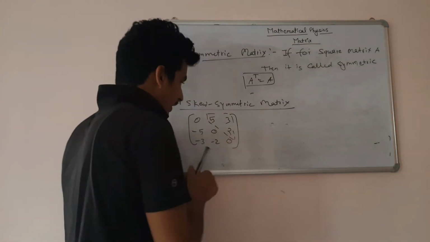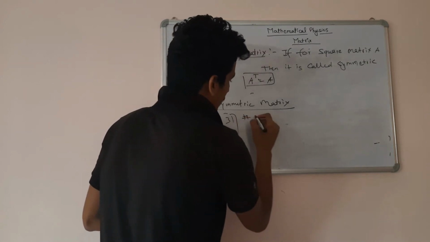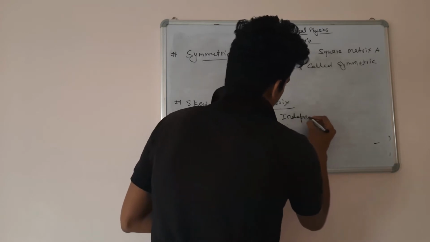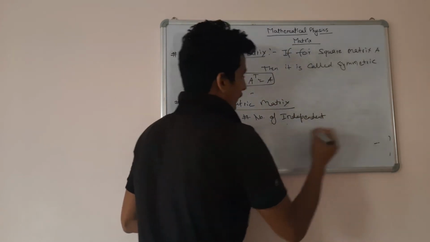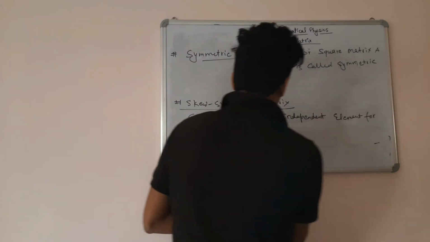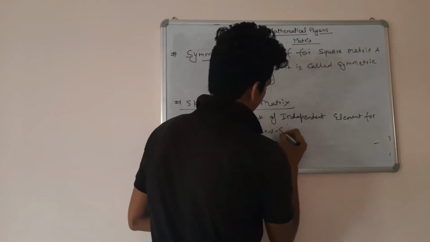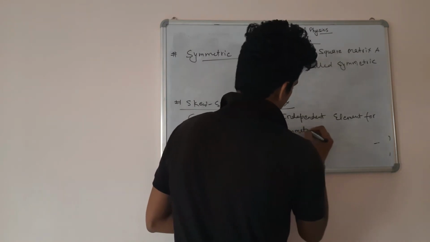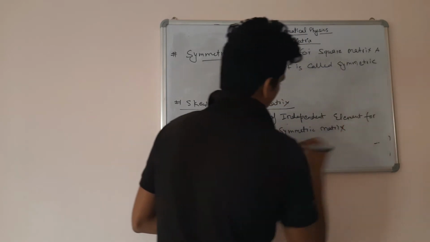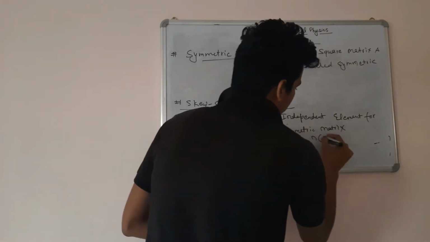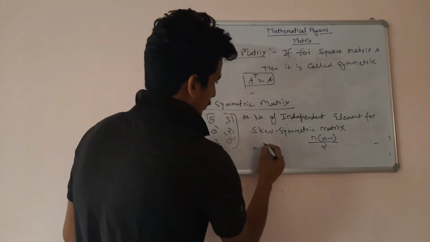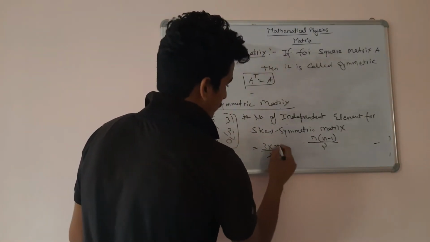So I also have to put the general formula: the number of independent elements for a skew symmetric matrix of any order n is n(n minus 1) by 2. Now we check where the order is 3. So 3 minus 1 is 2, 3 times 2 by 2 is 3.